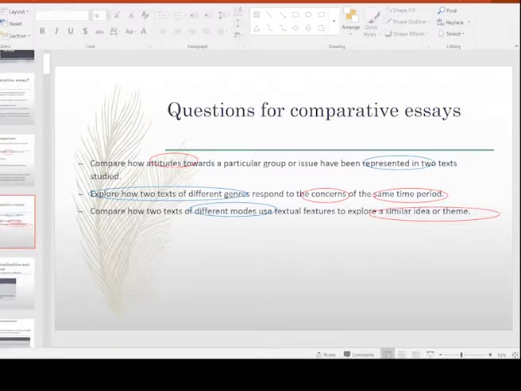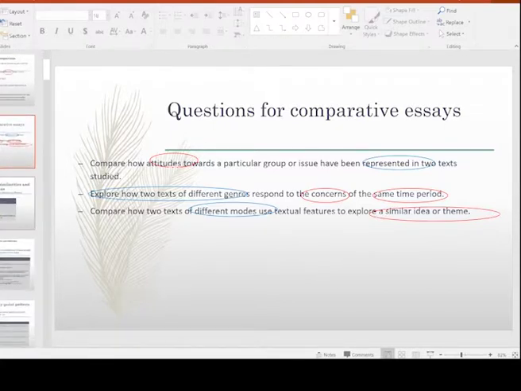We've all picked texts that have similar ideas or themes. We've all found texts that connect to an idea. So the idea may be really specific, like your text may be about refugees. So we're doing Elysium, which is not about refugees, but it's about the poor who are left stranded on a rundown, ruined earth, and they want to get to Elysium, which is like a country of plenty, but it's a satellite above the earth, and they get on pirate ships and they get to Elysium, but they're rejected by the rich and the wealthy there, and the rich and wealthy tend to be white, and they all speak English.